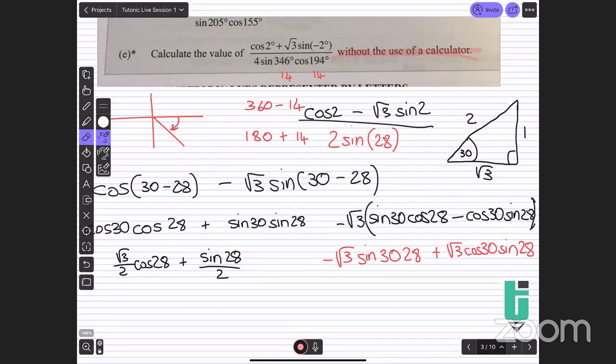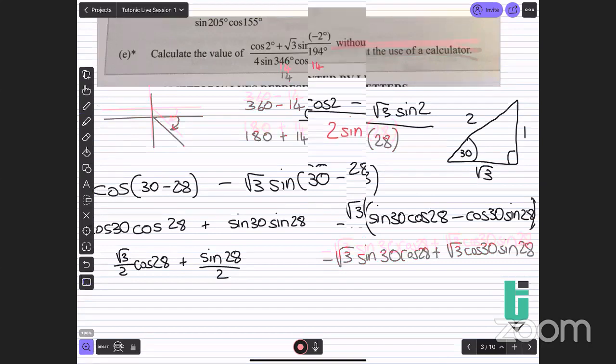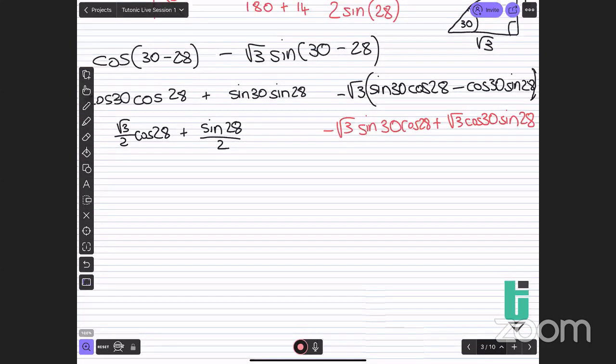Minus root 3 a half over cos 28. So it's minus root 3 over 2, right? Because sine 30 is a half.